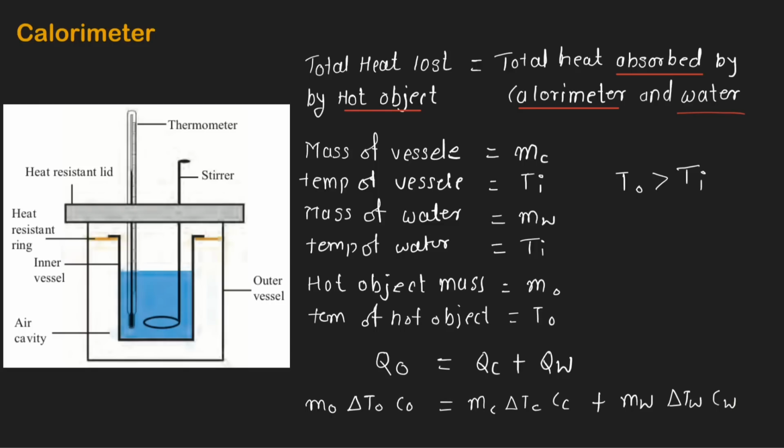Here we measure all three masses and the temperatures by thermometer, and we also know the specific heat of the calorimeter vessel and water. So we can calculate the specific heat of that object, that is C naught. Using a calorimeter we can also find the specific heat of any object.